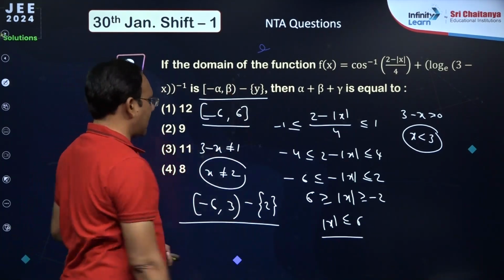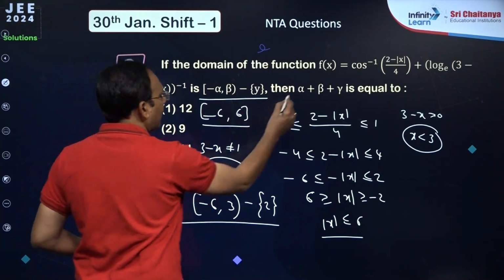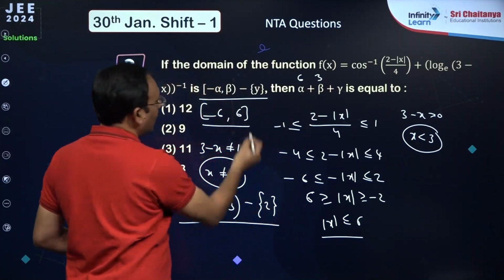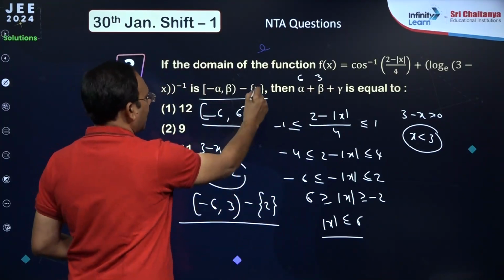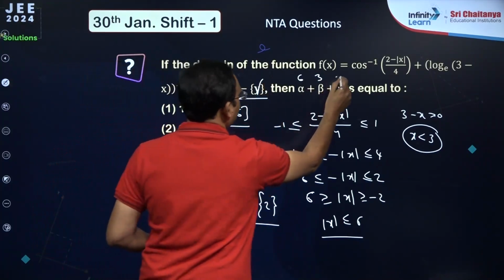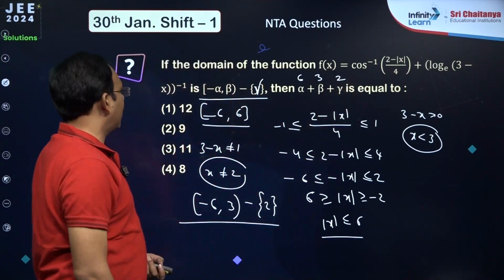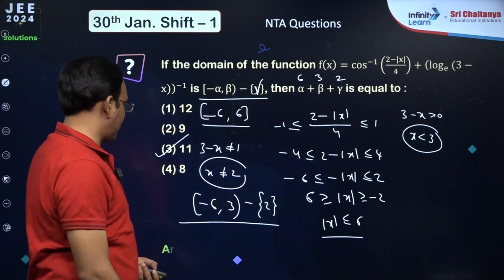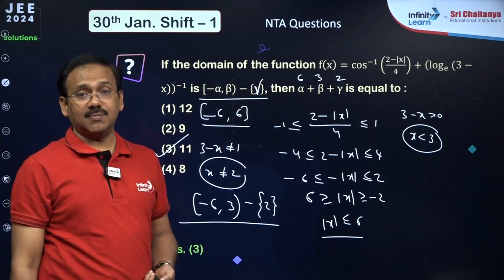The same domain is expressed like this. So alpha is taken by 6, beta is taken by 3, gamma is taken by 2. So alpha plus beta plus gamma is going to be 11, my dear friends. It is going to be the third option.